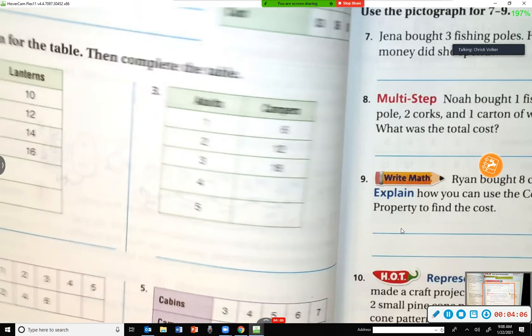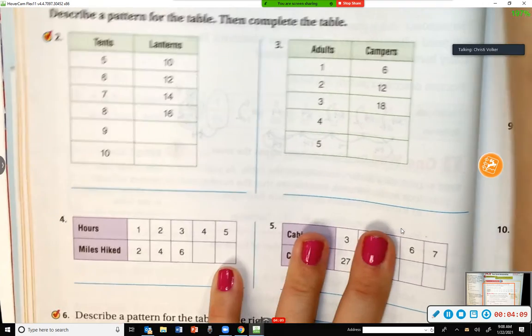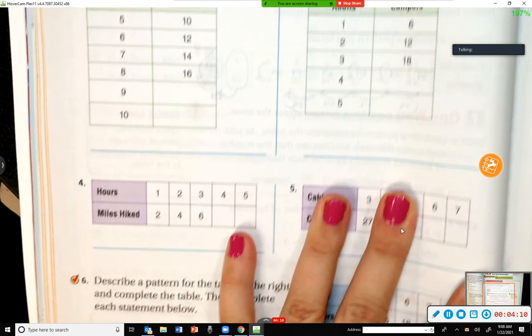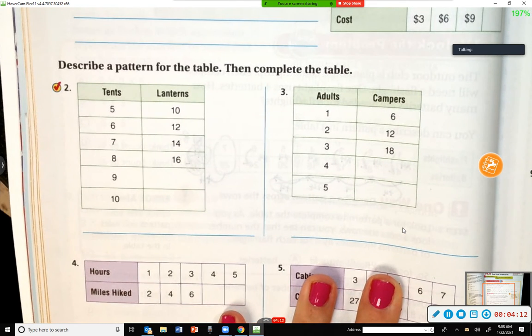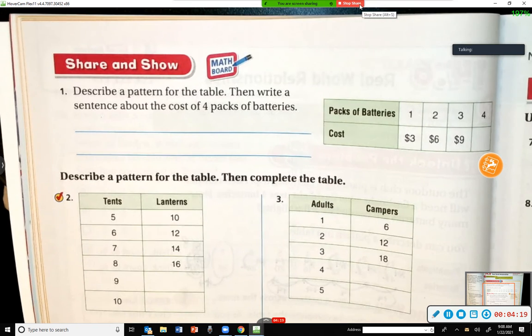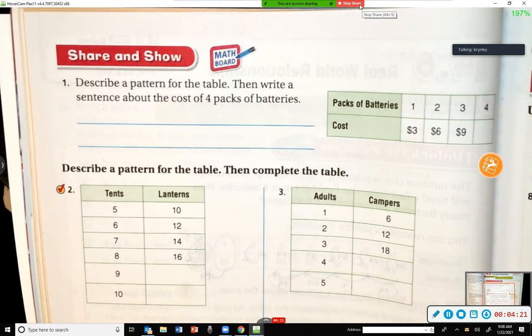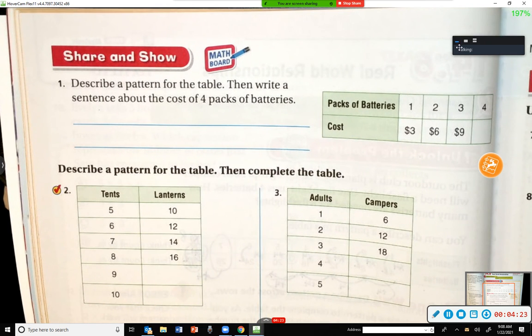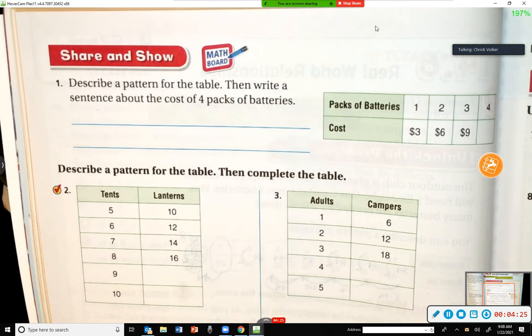We're on page 462. Okay, everybody there? Yes, ma'am.